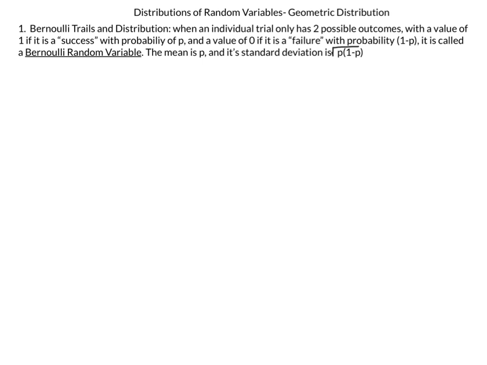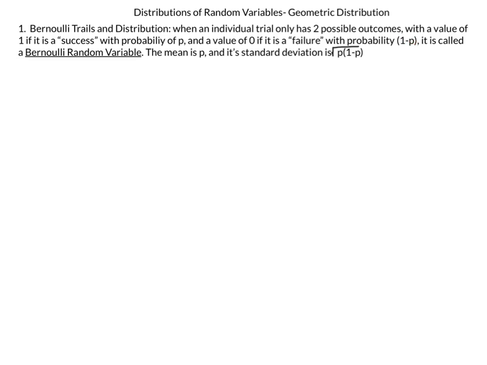A Bernoulli trial and distribution is a distribution where an individual trial only has two possible outcomes. One outcome we consider a success, and often we label that as the number 1 for success, and there's a probability of success of p. The other outcome we label as a failure, also sometimes assigning it the value 0, and the probability of failure is 1 minus the probability of success.